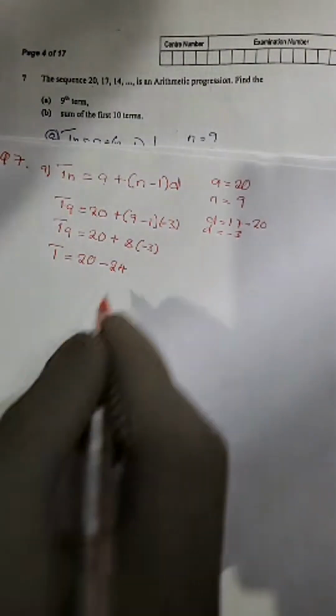Sometimes, you know, we humans also make mistakes, so let's solve together. What is 8 times 3? 8 times 2 is 16, 16 plus another 8, that is 24. So T9 is equals to 20 minus 24.